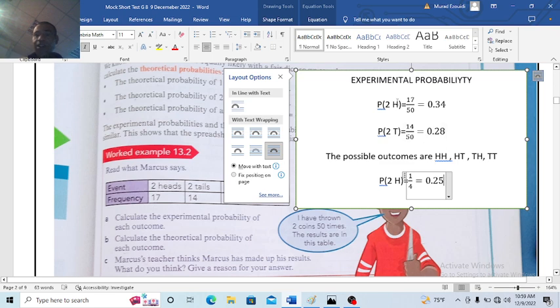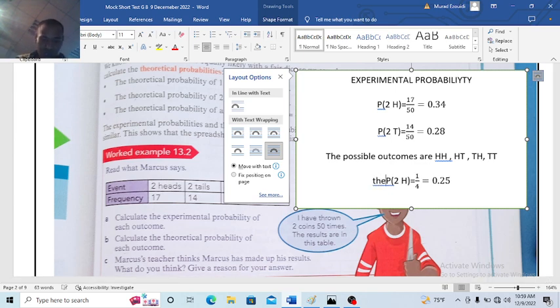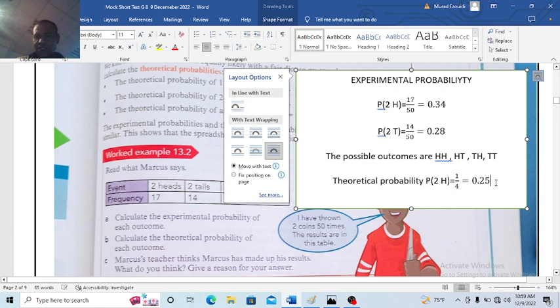The experimental probability of getting 2 heads is 0.34, so you can see that both experimental and theoretical probabilities are not the same. You can say that as a conclusion.